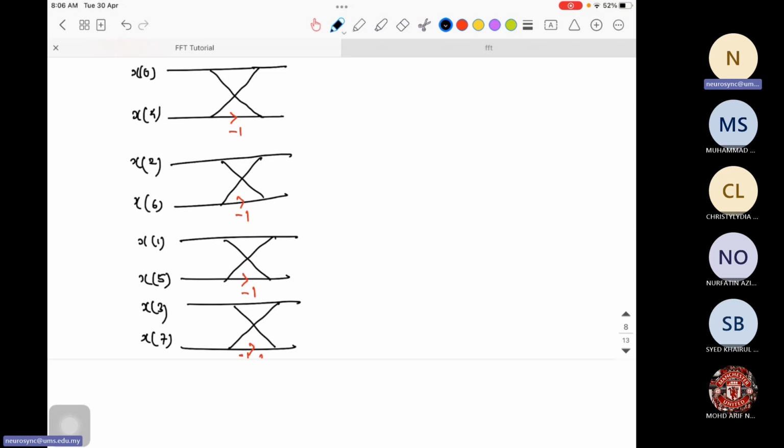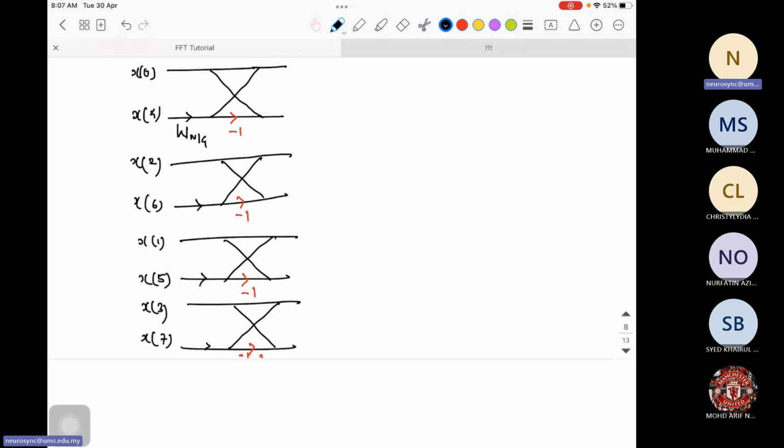Now the twiddle factor is always multiplied at this end. Now this is W_N by 4. Earlier it was N by 2, because there were only 2 stages required. Here the third stage is also required, therefore this is N by 4.